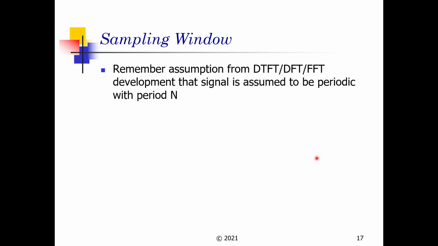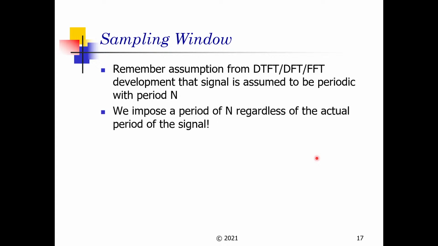The assumption that we make when we're using our sampling window technique is that you need to recall that the FFT, the DFT, and the DTFT assume that the original signal was periodic with a period of N, where N was giving us the amount of samples required for us to maintain that periodic property.